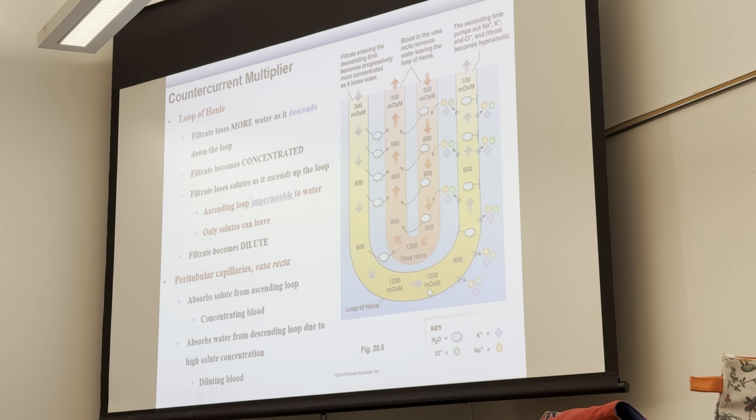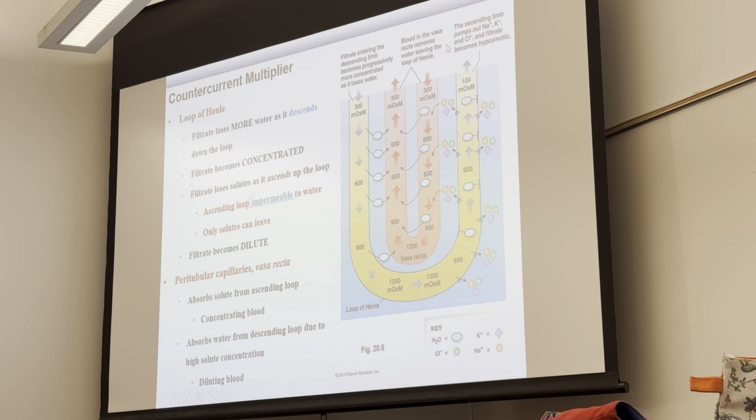So we have high osmolarity at the loop, but solutes can leave and actually create that high osmolarity medulla. As they leave, you see how the osmolarity of the filtrate is getting less and less osmotic, right? See that? 900, 600, 100, because the solutes are leaving.